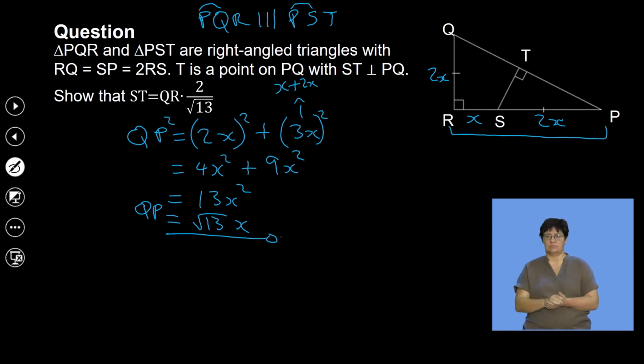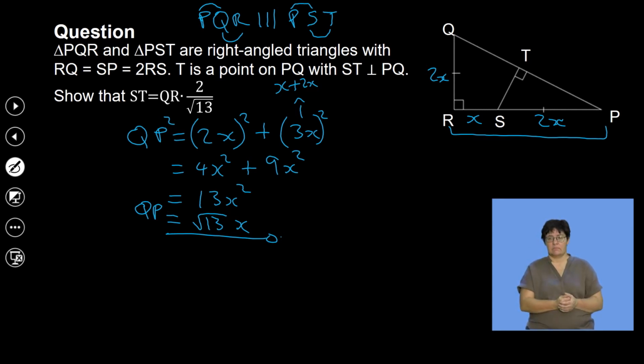Yes, 2x. And then I link also QR. And why do I link QR? Because I know what QR is. And I must link this with ST there, which in this instance I will not know what it is. So maybe if I link it to the PR, so PR will go with PT, right, which I also do not know.